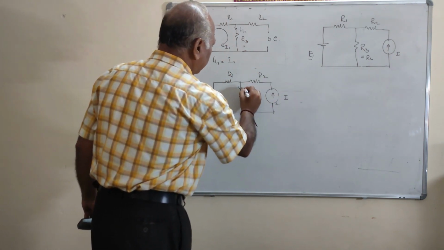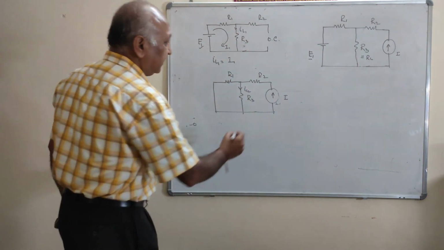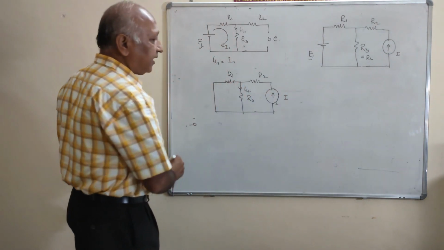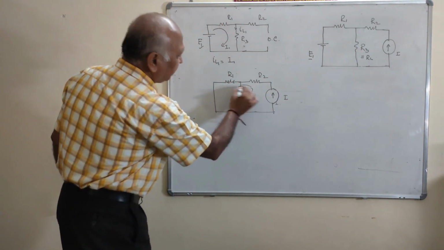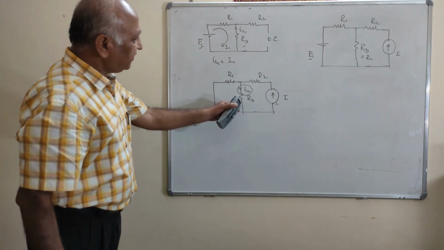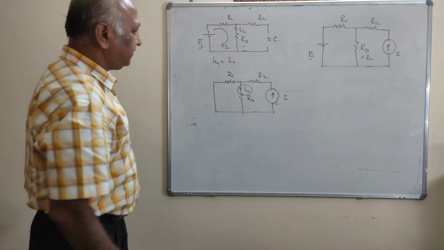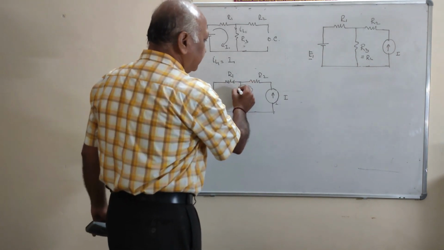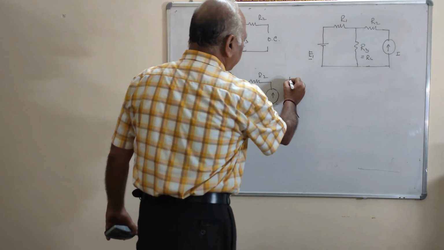Now we have to find this IL2. You will see this current I is divided into two parts and we have to find the value of IL2. हमें किसकी वैल्यू निकालनी है? IL2 की. करंट डिवीजन रूल लगाएंगे. तो टोटल करंट कितना है?